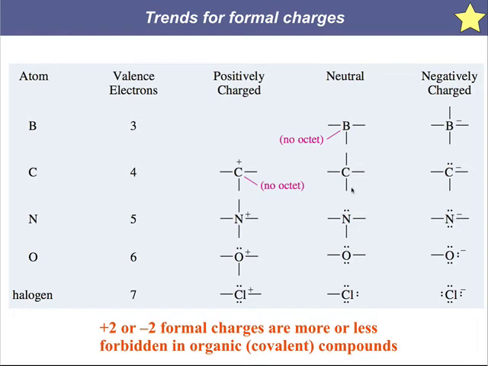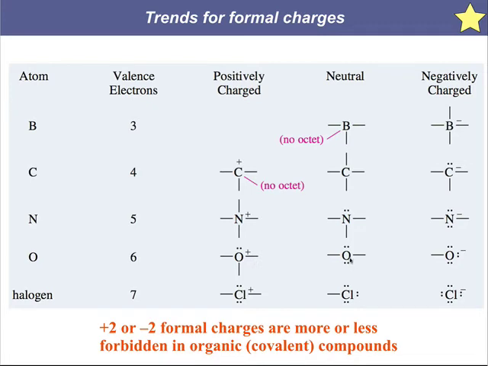Notice that every time we turn a bond into a lone pair, we go down in charge, from 0 to -1 here, and from +1 to 0 here. Oxygen with 3 bonds and 1 lone pair actually has a positive charge. Again, calculate that and you'll find that it's positive. If you turn a bond into a lone pair, we go from +1 to 0.